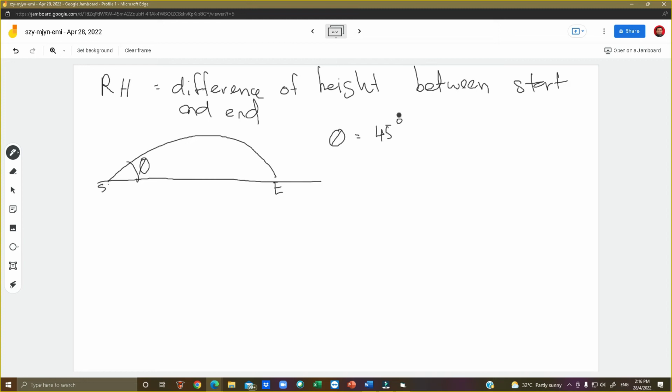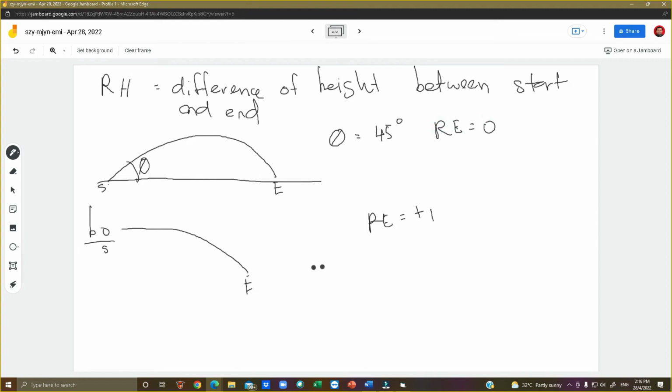Okay. Kalau relative height plus 1 means that your start is higher. Contoh kita main golf ke apa kan, kita tee off tinggi, kita punya hole dekat bawah. Ni relative height equals 1. Ni relative height equals 0.